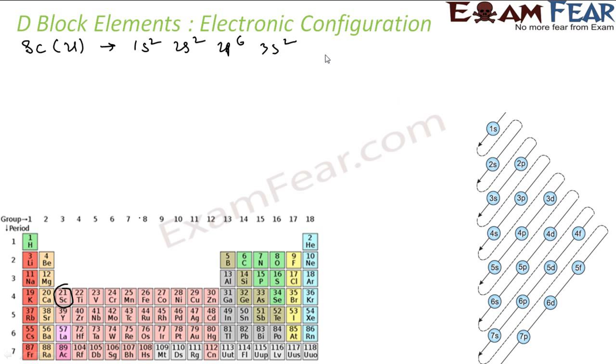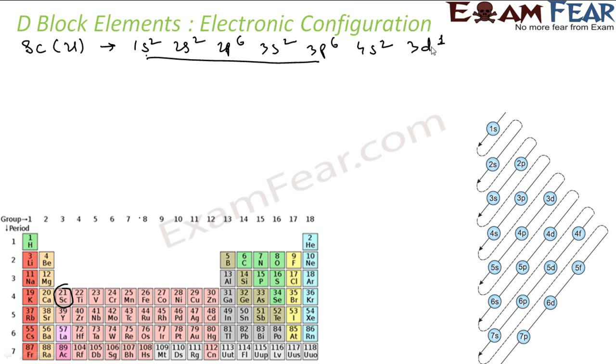then 3p6, p has 6 electrons, then 4s2, and then 3d with some number of electrons we don't know. Let's count now. Total is 21: 2 plus 2 is 4, plus 6 is 10, plus 2 is 12, plus 6 is 18, then 20, and then 1 is required, so it is 21.